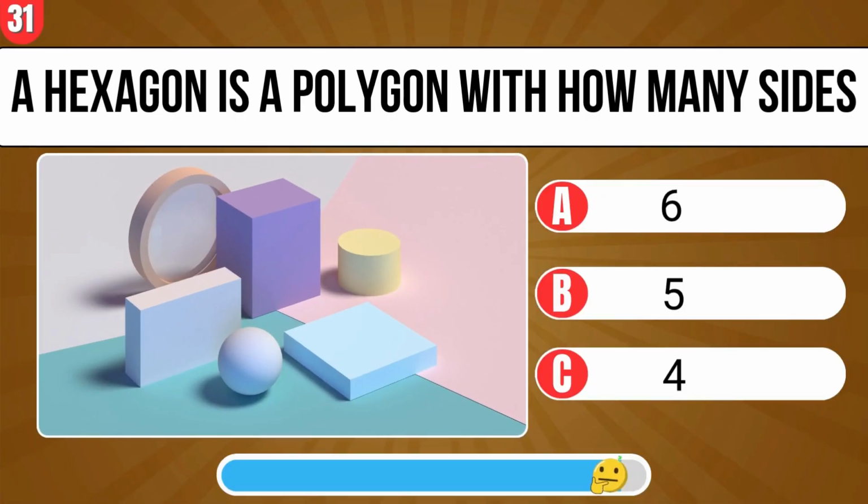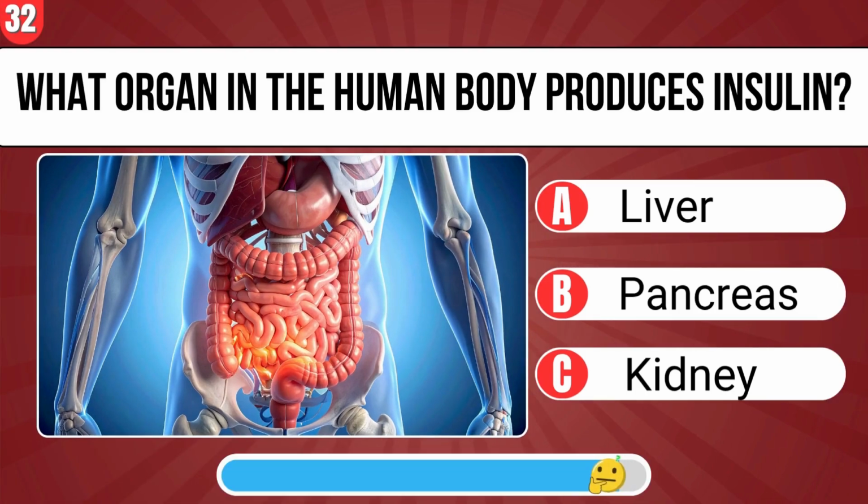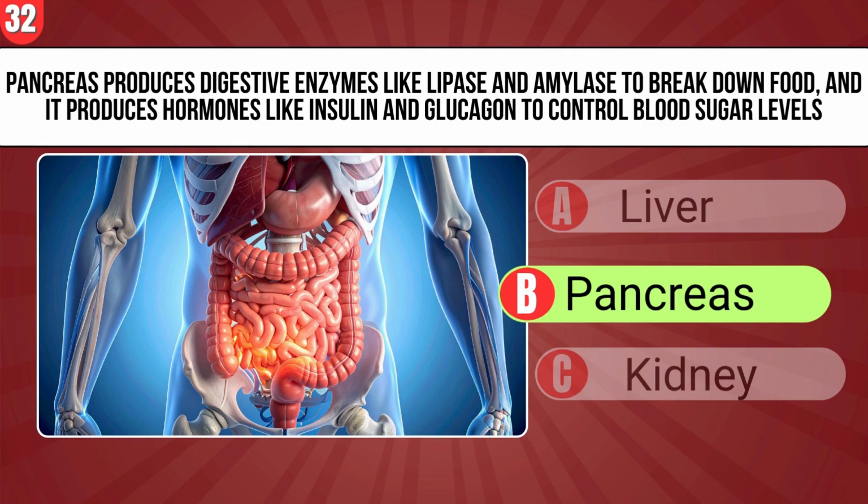A hexagon is a polygon with how many sides? Hexagons are 6-sided polygons. What organ in the human body produces insulin? It's the pancreas.